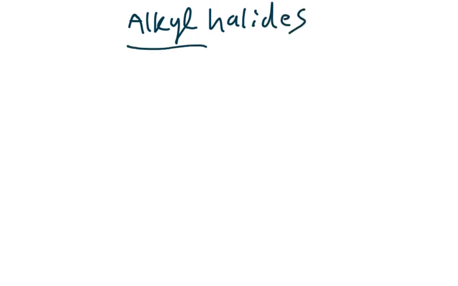When we're looking at alkyl halides, alkyl just means a carbon chain, and in halides you see this part of the word, hal, which signifies halogens.